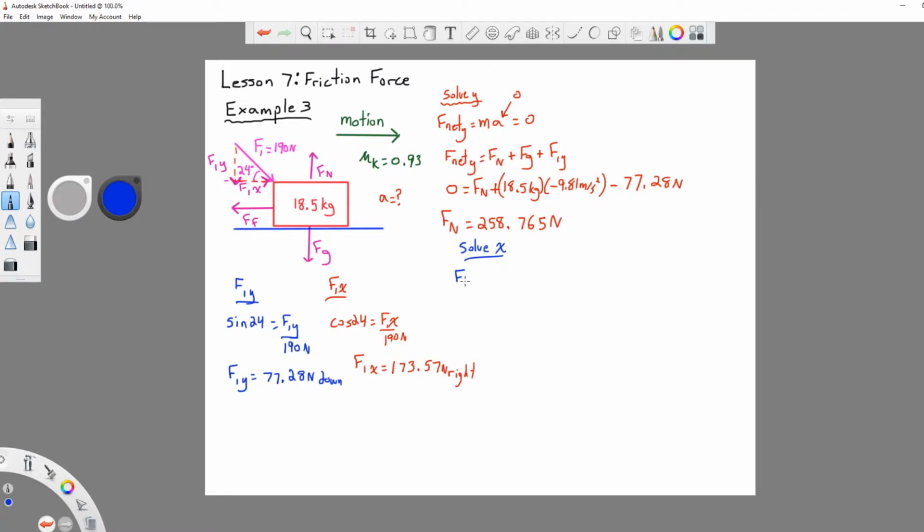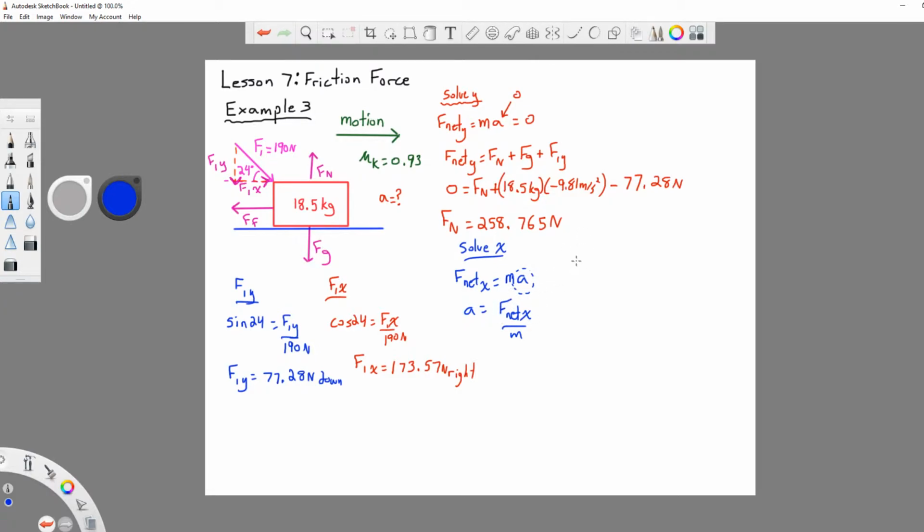We can say F net x is equal to mass times acceleration. And ultimately, we want acceleration. So we're going to have acceleration is equal to F net x over mass. But we don't know F net x yet. So that's why I started on the other way.